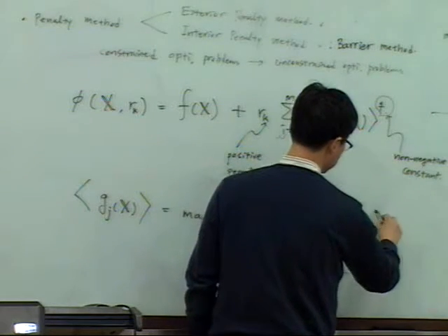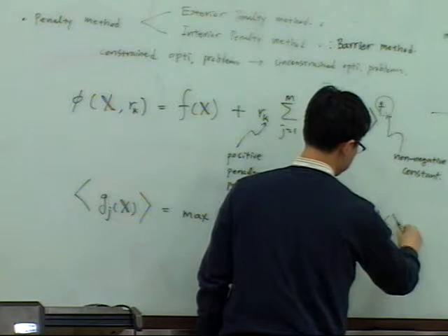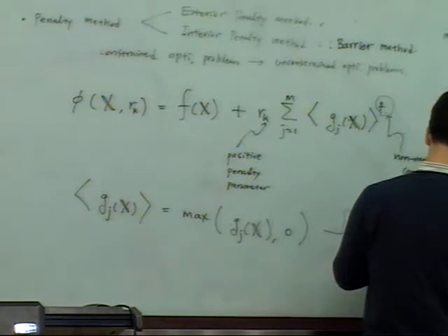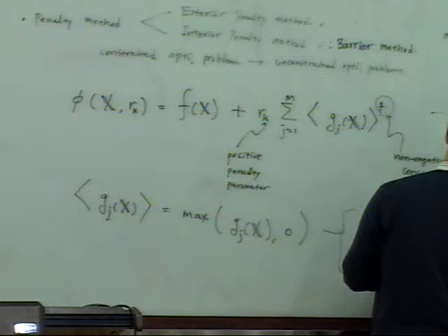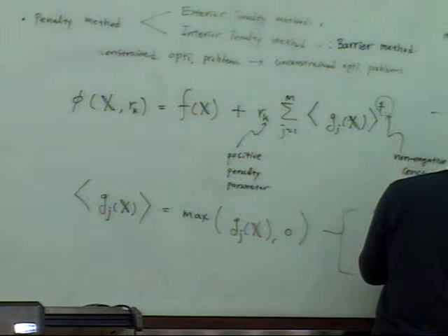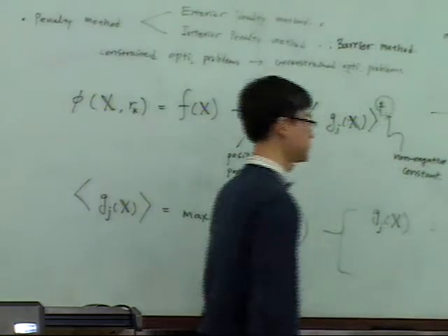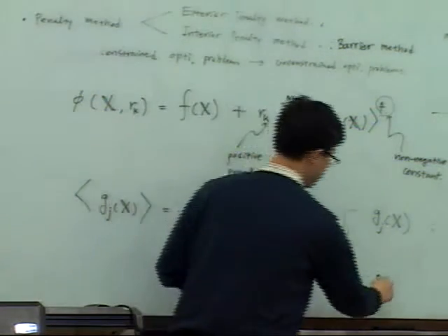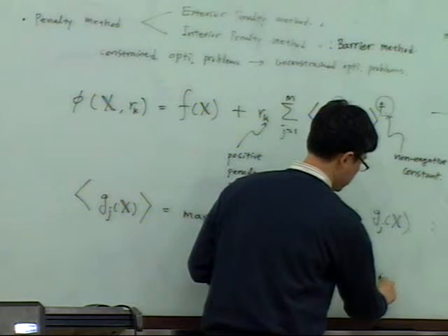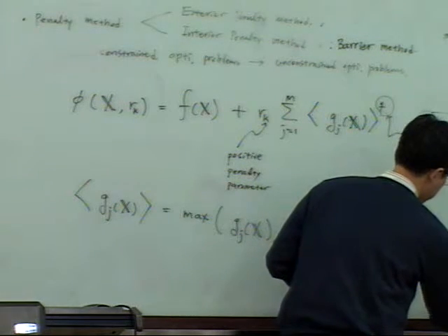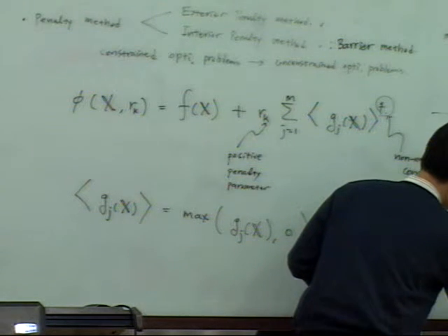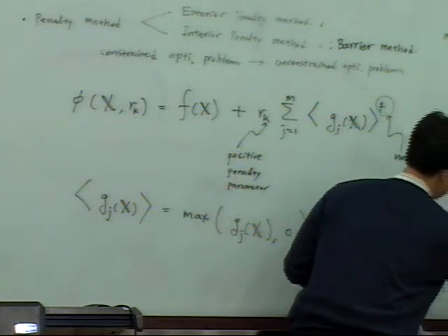It will return g sub j x if this g sub j x is greater than 0, and it will return 0 if this g sub j x is less than or equal to 0.